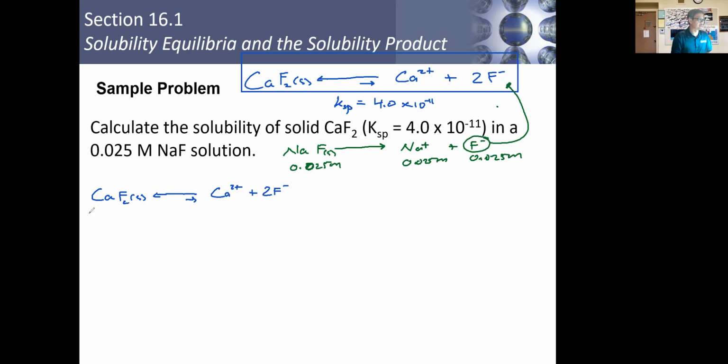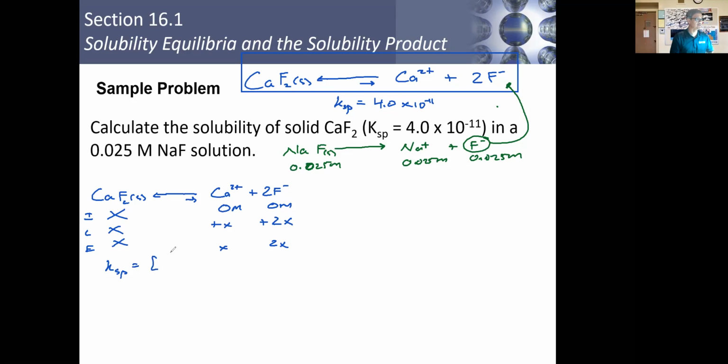We're going to use our ice table to get this done. We don't have to worry about the solid. In the beginning, that's going to be 0 molar and 0 molar. We're going to add X and 2X, and make sure you are okay with why this is 2X: there's twice as much of the fluoride as the calcium. So at equilibrium it's going to be X and 2X. Let's set up the law of mass action for this one. It's going to be KSP.